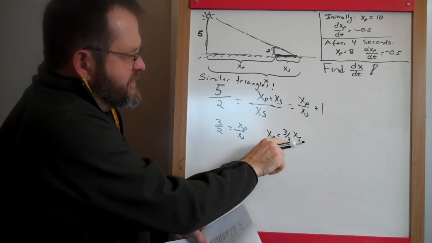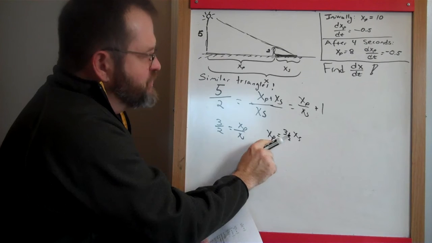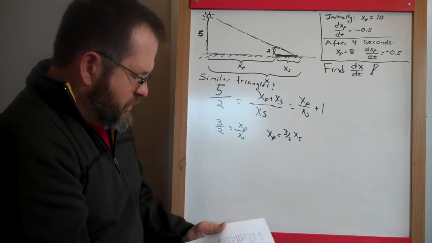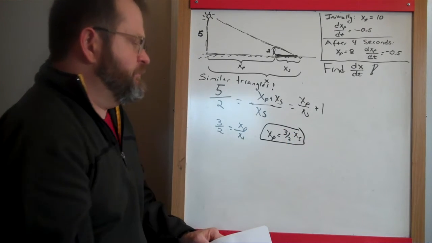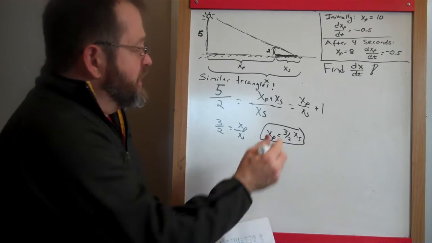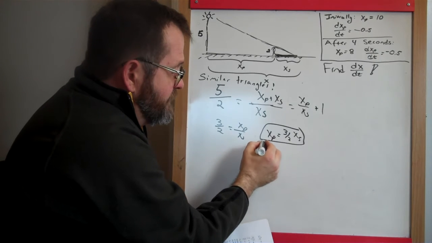Alright, so this is how the length of the shadow, xs, is related to xp, how far the guy is away from the lamp. So we now have a way in which these two measures are related. And so, well, we are given things like the change of xp with respect to time. Let's go ahead and take that derivative.